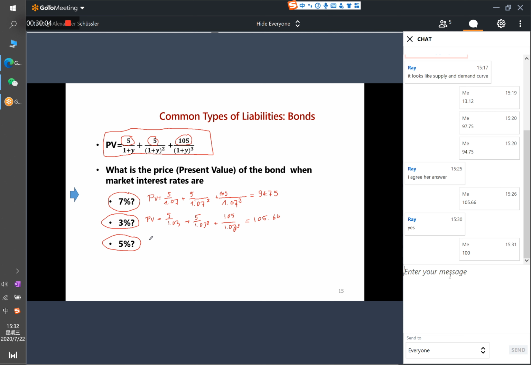Okay, Liang says 100, and if it has to be 100, yeah. If you think about it, it has to be 100 because you discount a bond which has a coupon of 5% with a 5% interest rate, and the answer has to be 100. Yeah. So here is how we calculate it.